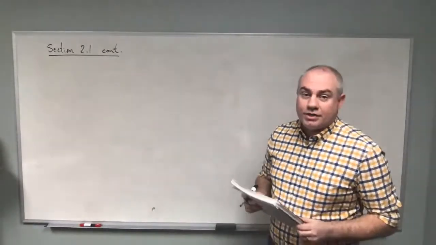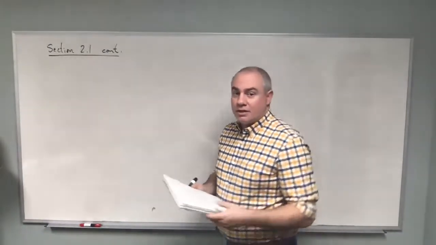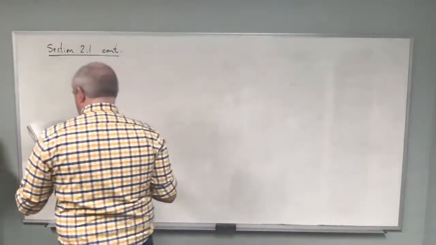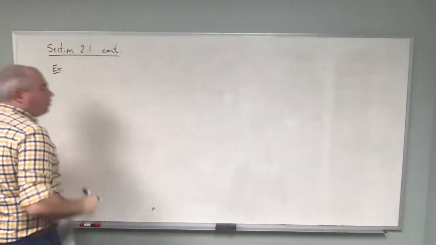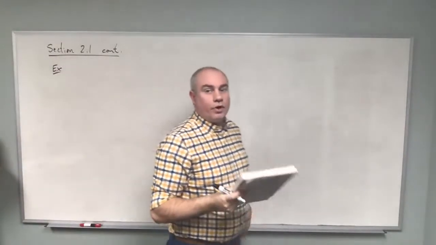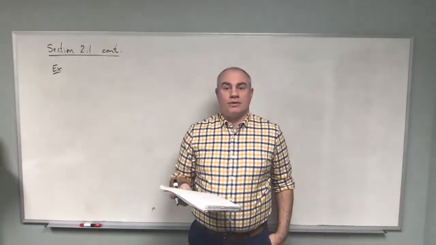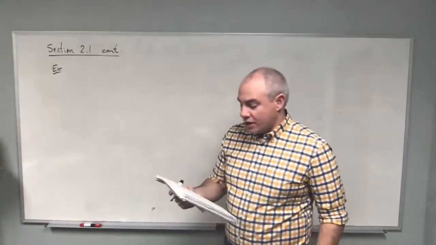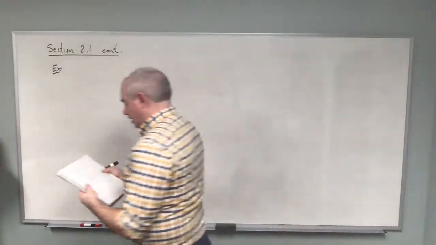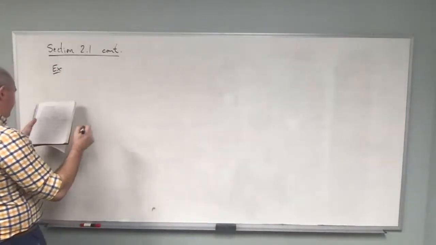So what I want to do right now is another example. And remember, if you want to pull out your notes right now, we wrote down some axioms last time. And so what I'd like you to do is take a look at those axioms as we go through this section, because I will use them.